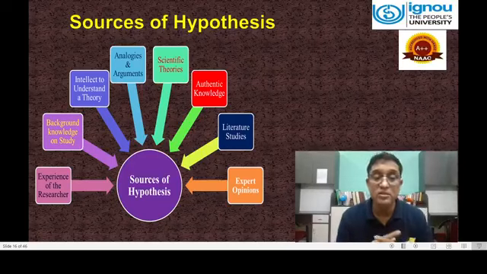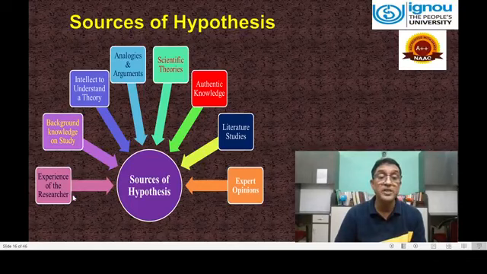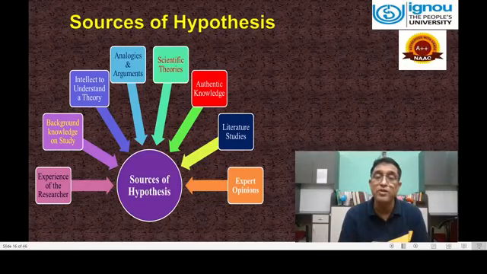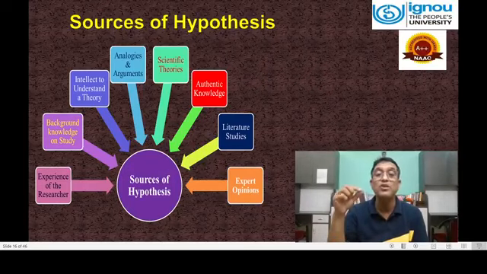Sources of hypothesis. Here you see different sources are, first of all, the experience of the researcher is the first source. As a researcher, you might have experienced many things, because you have involved yourself in the process of study. And you have also studied the review of related literature.